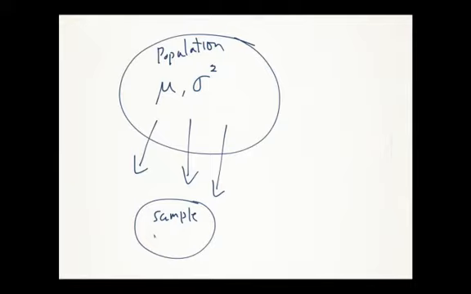In there we have our x bar, our estimate of the population mean, and our s squared, our estimate of the variance. So we take a sample from the population and use it to estimate the population mean or other estimate of interest.